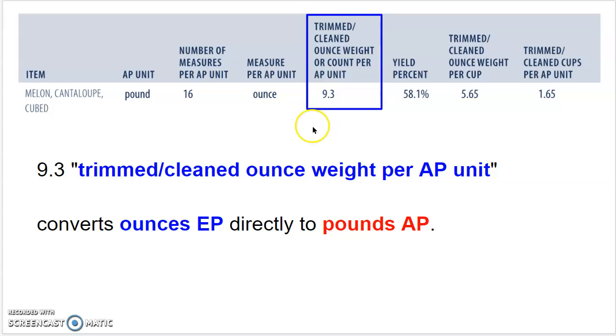That can be hard to read, but what it means is that you get 9.3 EP ounces for every AP unit, which in this case is 16 ounces or a pound. So that number will allow you to go directly from EP ounces to AP pounds.